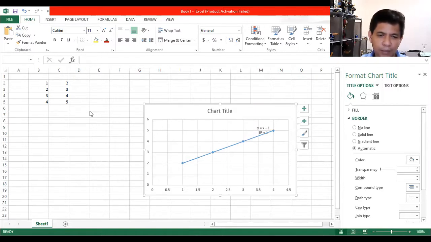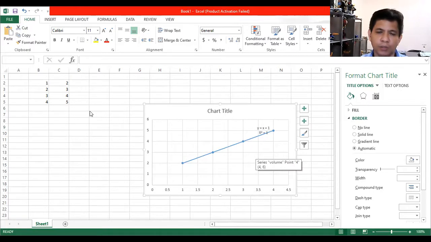Automatically, as you can see, this is the volume, and then this X is the molality. Bali, itong molality yung naging X, yung volume yung naging Y. That's the default.